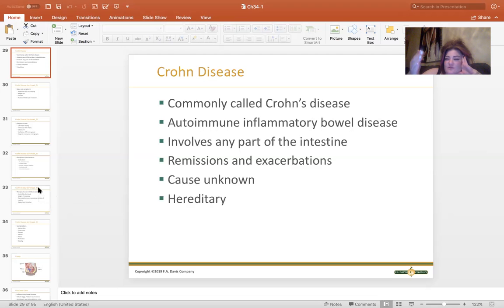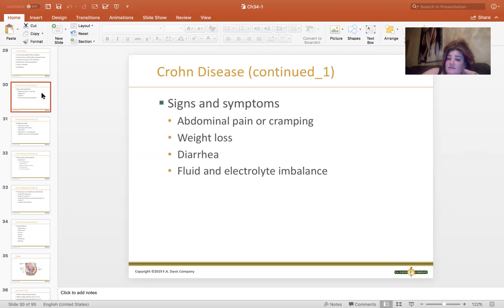We don't need to know every single little tiny detail, but it's important to know that Crohn's disease is autoimmune, and it's an inflammatory bowel disease, and it has to do with the entire intestine. There is no known cause, which is very frustrating, and it's not an easy bowel disease to necessarily control, if you will.